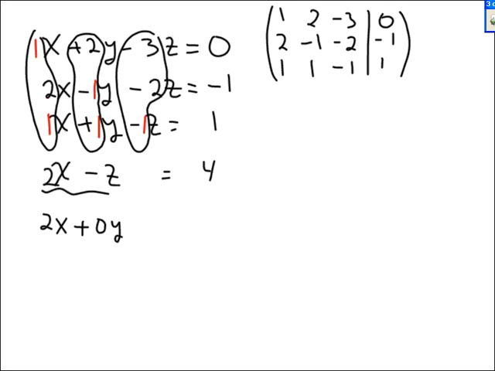I can always add 0 to an equation. 0 times y is 0, minus the understood 1z equals 4. So that row would be written that way. Insert that 0.